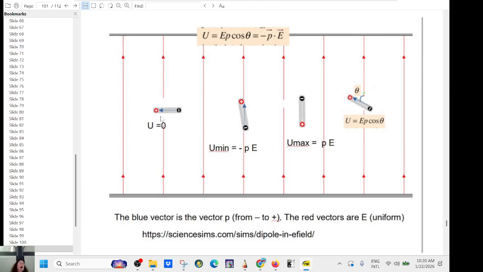And we say, because when you have potential energy, you need to define a reference level. So in physics 1, you could say potential energy is 0 here on the table. So you need a reference level. So potential energy is always defined depending on your 0 reference level. So we define the potential energy to be 0 here. That will be negative, that will be positive, and that will be in between.